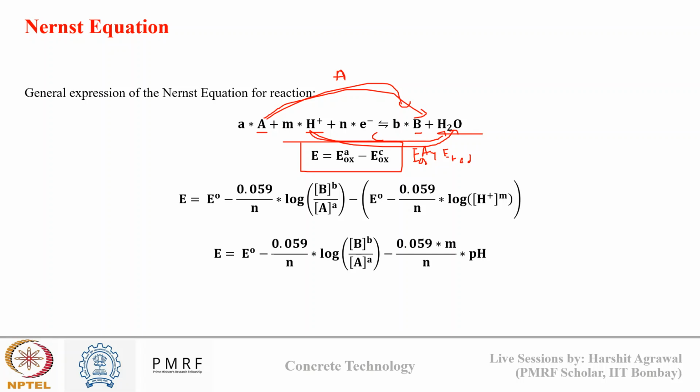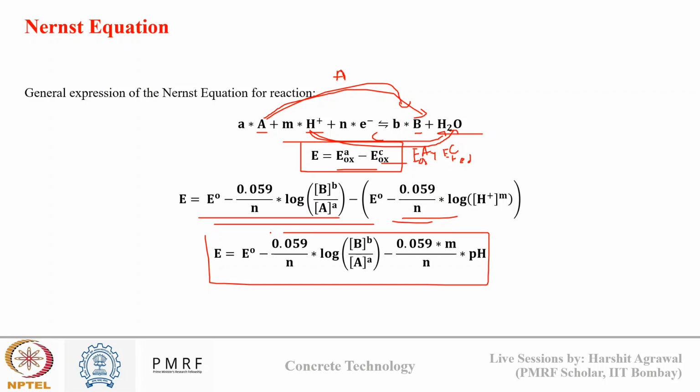That will define my net electrode potential, and for both the cells we can write the Nernst equation based on the quantity of product and the quantity of reactant. This is how we can write the Nernst equation for any combination of reactant, anode and cathode species, and we can estimate the electrode potential knowing the standard electrode potential value.